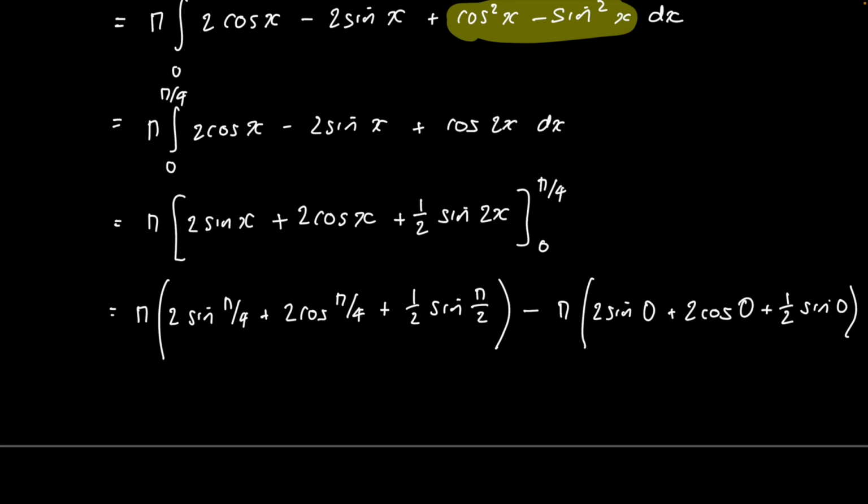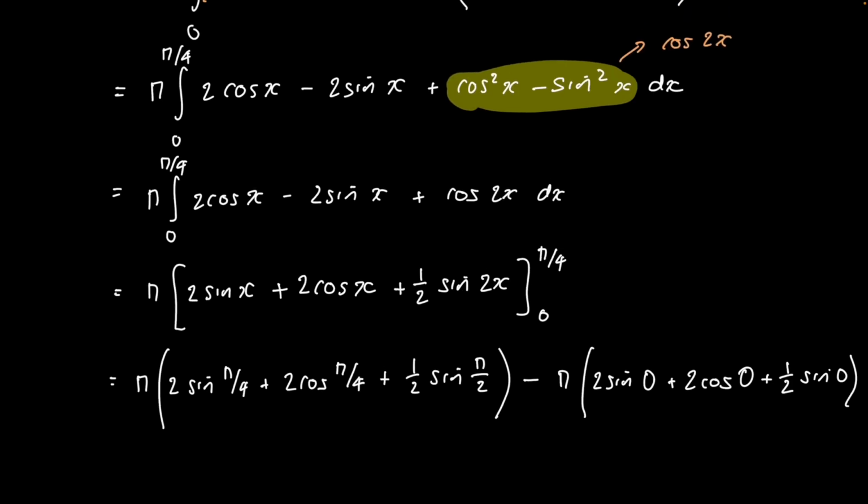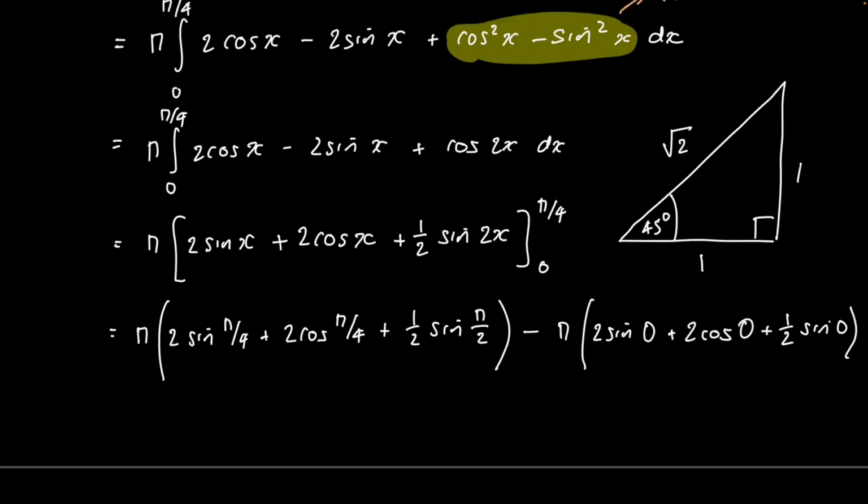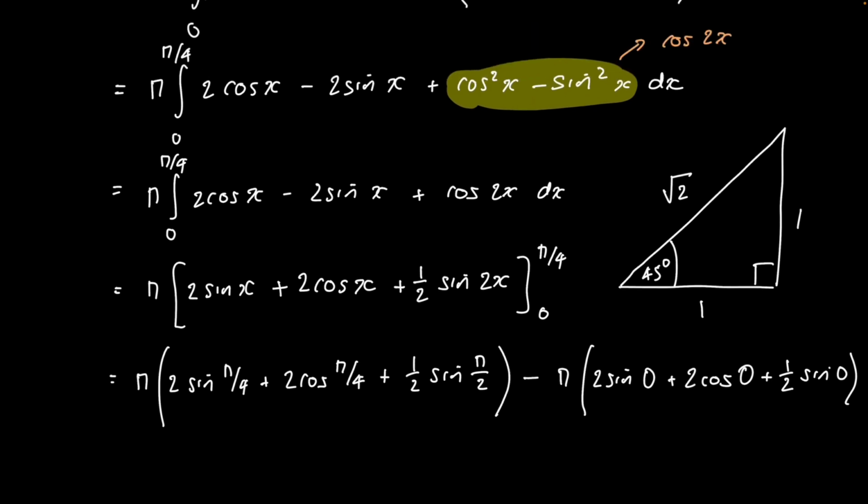All right, sine pi over 4. Now is a good moment to remind you of a special triangle that helps us remember what sine of pi over 4 is. So remember that pi over 4 is 45 degrees, and if we've got a right-angled triangle with 45, then one such triangle is this one, 1, 1, root 2, which tells us that sine of 45 degrees, which is also cosine of 45 degrees, is equal to 1 over root 2.